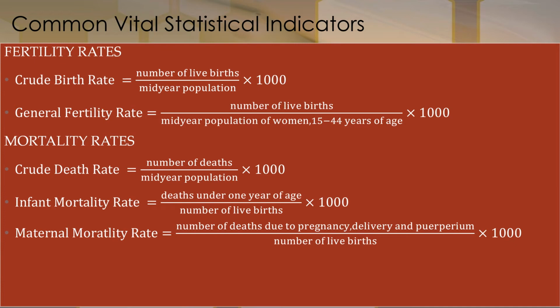When we say infant mortality rate, these are deaths under, how old is an infant? Of course, the first year of life. So deaths under 1 year of age divided by the number of live births times 1,000.